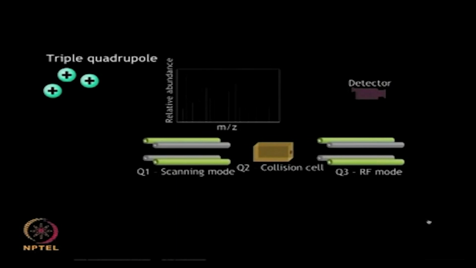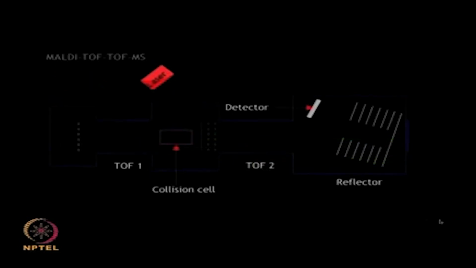Now, let us talk about some of the very commonly used tandem mass spectrometry configurations. In addition to triple quad, MALDI-TOF is another common tandem MS configuration, in which the ions are first resolved on the basis of their time of flight in the first TOF analyzer, TOF 1.